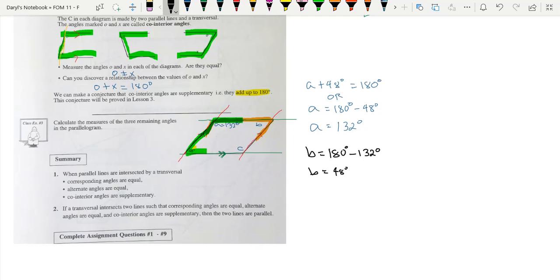So this particular angle here is 48 degrees.